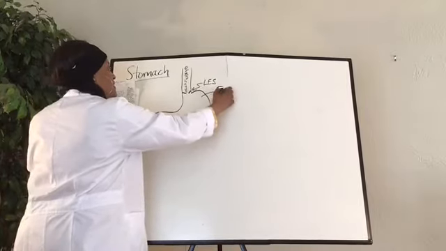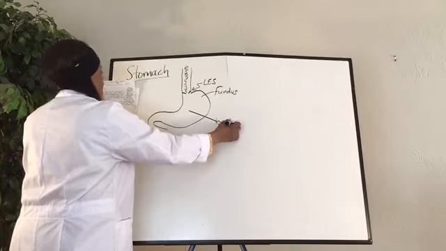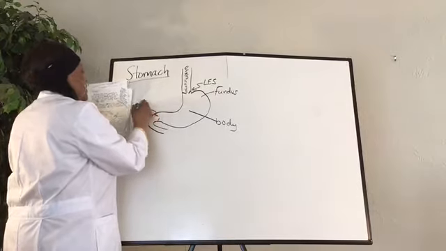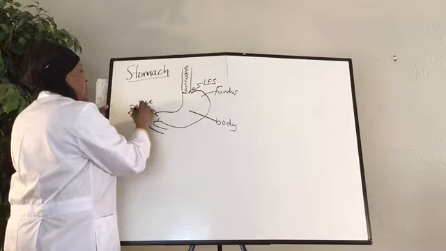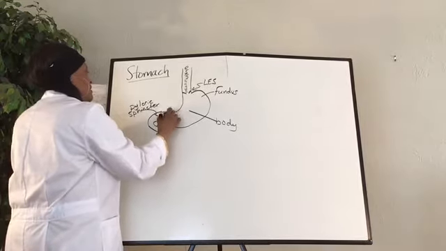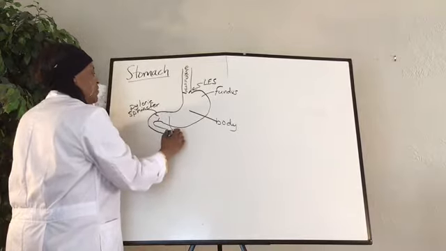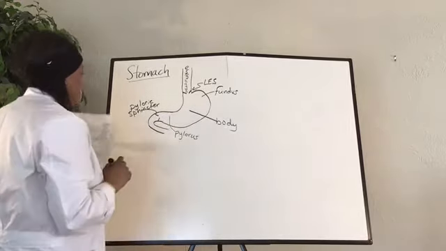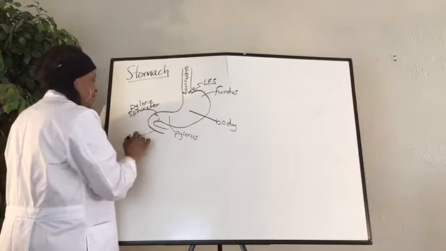This is the fundus of the stomach, the top part. This is going to be the body. I'm going to put a sphincter here. That is going to be known as the pyloric sphincter. So this area is, I'll take it this way so it won't get so crowded there, this is the pylorus, okay? This little C-shape here is the duodenum.